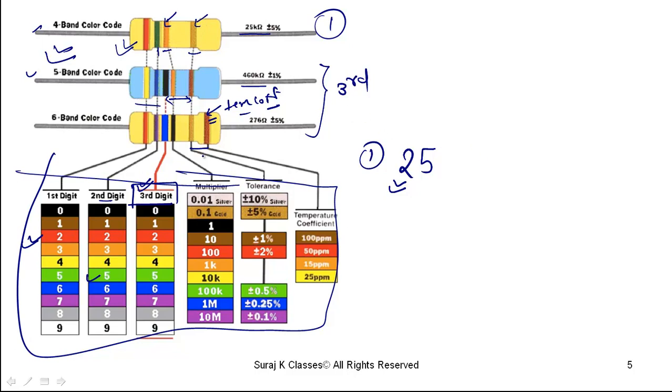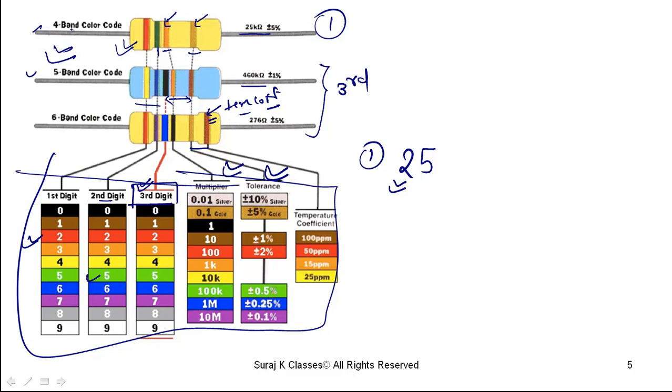Multiplier and tolerance come along with every resistor, but only the temperature coefficient is making you confused. Just keep in mind that the temperature coefficient only comes in the 6-band resistors. For these two, you don't have to worry about the temperature coefficient. You have to think of only the tolerance and multiplier.